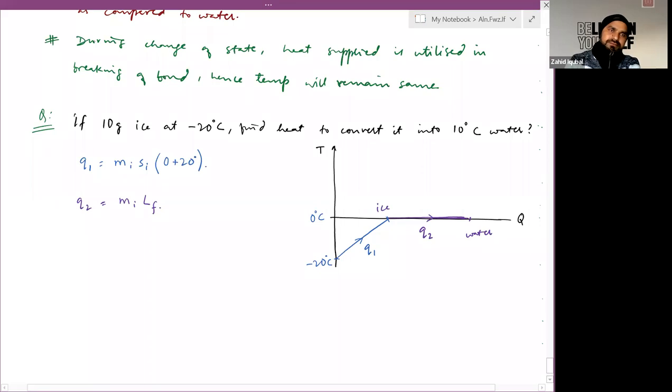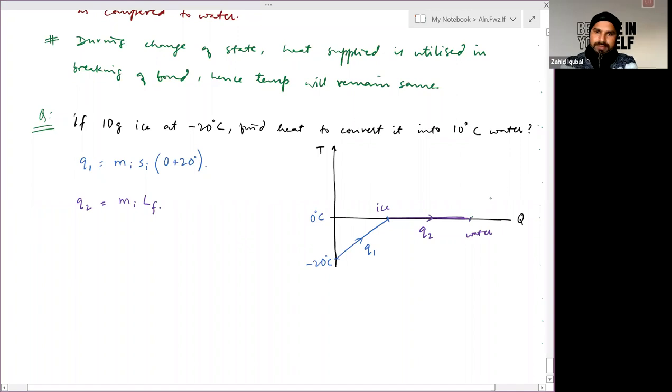And further, to raise its temperature from 0 degrees Celsius to 10 degrees Celsius to reach this point, this will be Q3. It is again to change its temperature from 0 to 10 degrees Celsius, so it will be mass times specific heat. Now this ice has converted into water, so it will be the specific heat of water and change in temperature 10 minus 0. Just put in all the values and try to simplify it. Okay, sir.